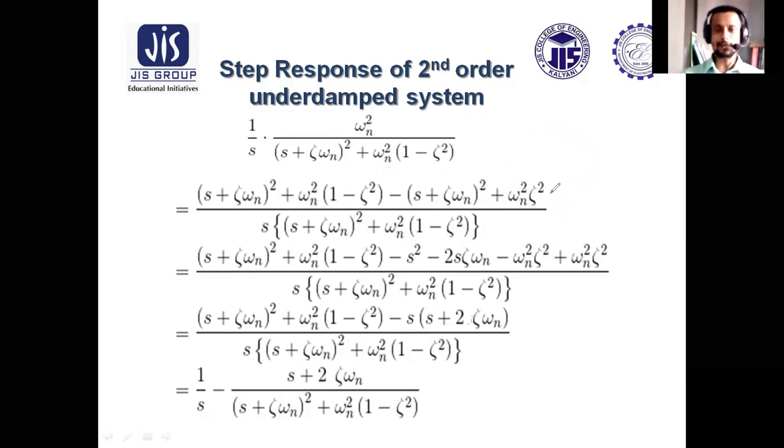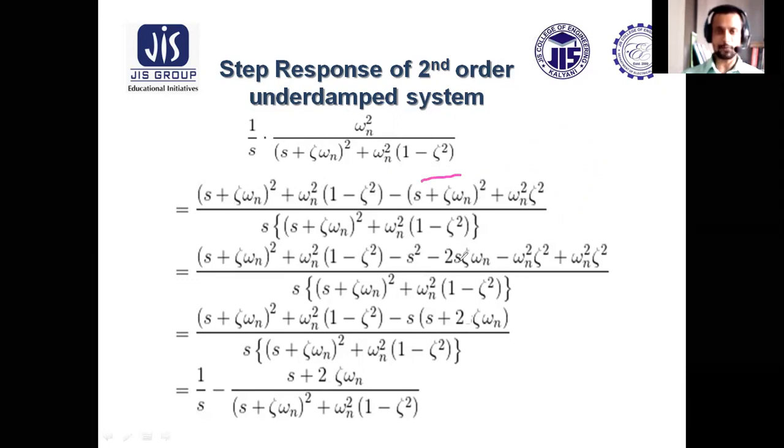Only omega n square will be there, which is there in the last equation. So hopefully this line is clear to everyone, how to rearrange this omega n square in this line. Now why all these have been taken, that I will discuss later. As of now, see, (s plus zeta omega n) whole square plus omega n square (1 minus zeta square) is there. Now it is broken into parts.